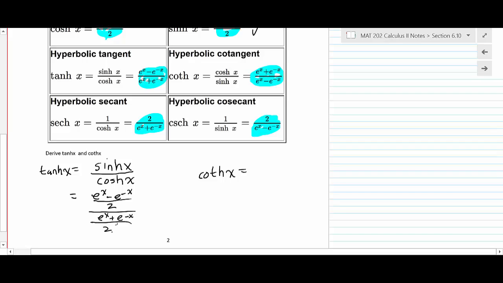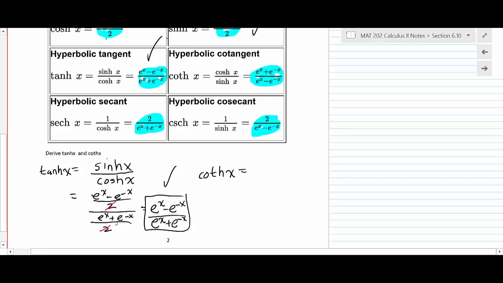Then, of course, the 2's cross out, and you have your expression. You would end up with e to the x minus e to the negative x over e to the x plus e to the negative x. That's what I was trying to show you the derivation of.